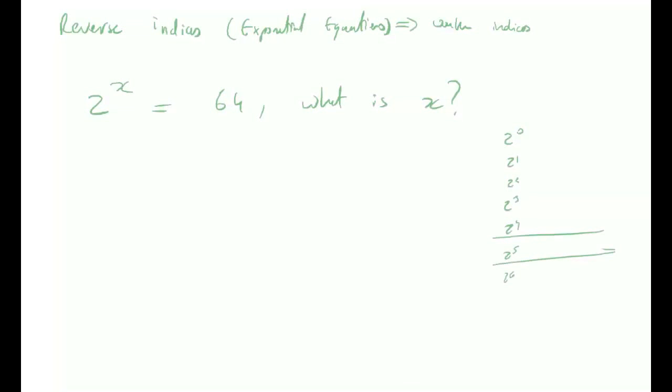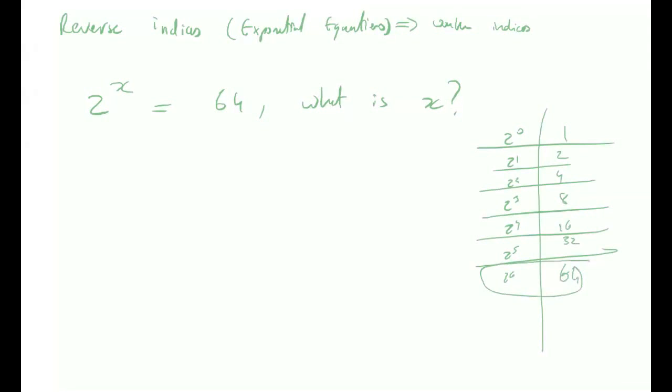So 2 power 0 is equal to 1, 2, 4, 8, 16, 32, 64. Right? So 2 power 6 is equal to 64. So x is 64, right? Sorry, x is 6. You got it? Okay, good.